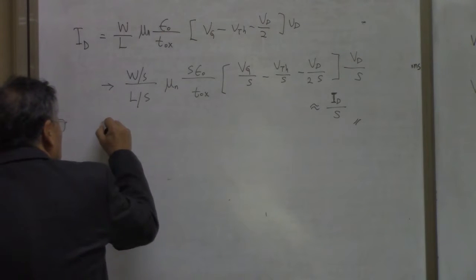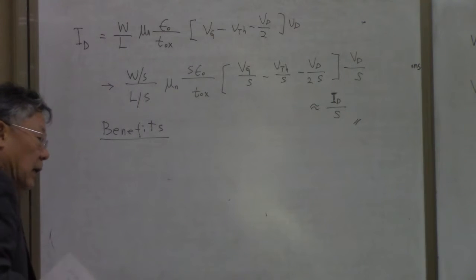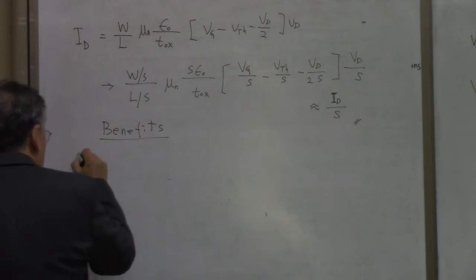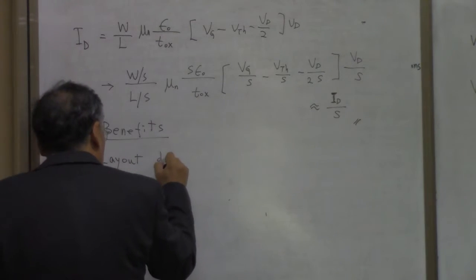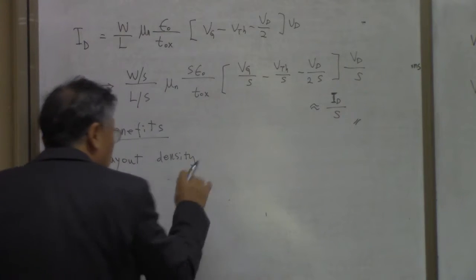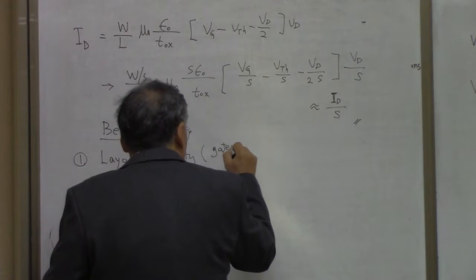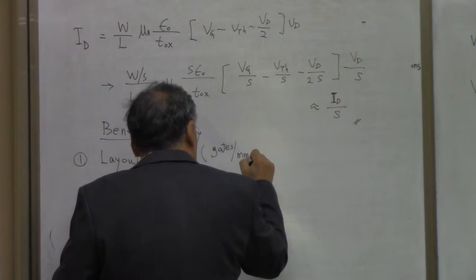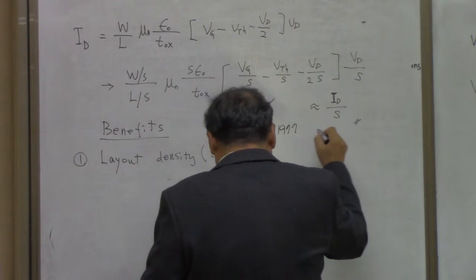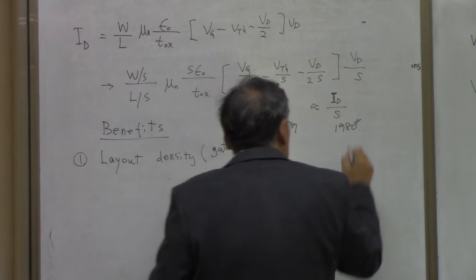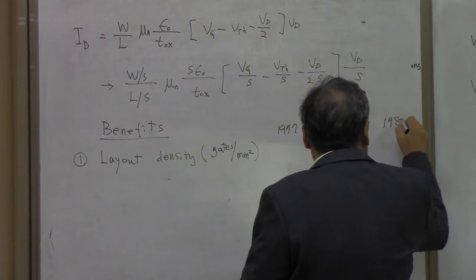Now, benefits. Why do we want to scale down the device? The obvious thing is layout density, which is related to the integration level, that is gates per millimeter squared. I have statistics for the years 1977, 1980, and 1985.